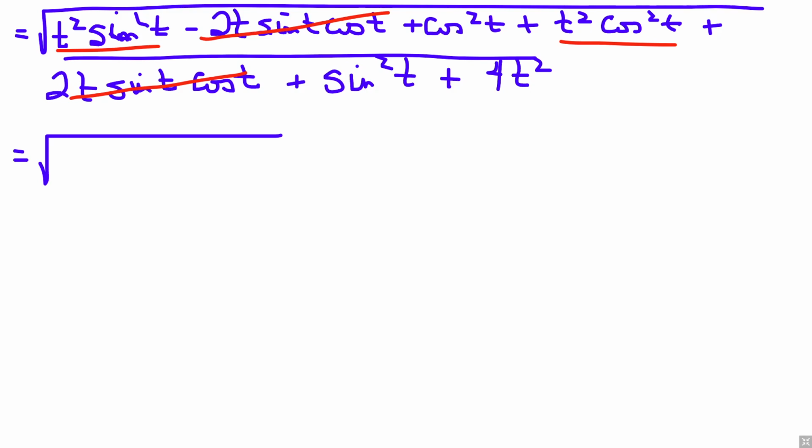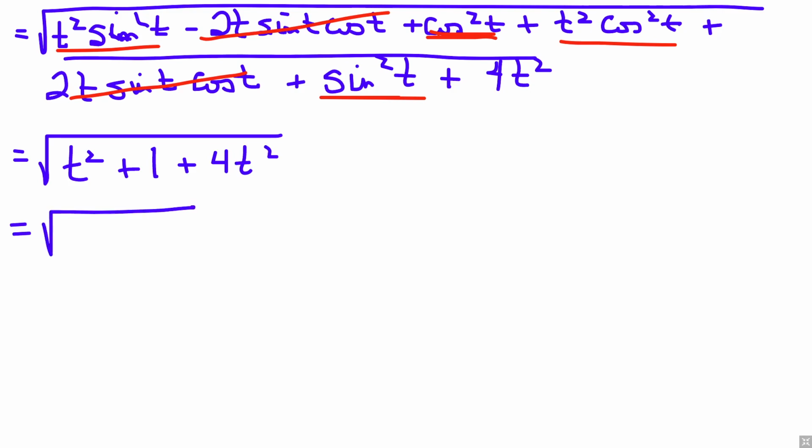Yes, that's just going to give me t squared, which I'm happy about because I'm getting rid of trig. All right. Next, I've got cosine squared here, sine squared here, which is just going to give me what? 1. And then don't forget the 4t squared. So really, this just cleans up nicely to 5t squared plus 1.